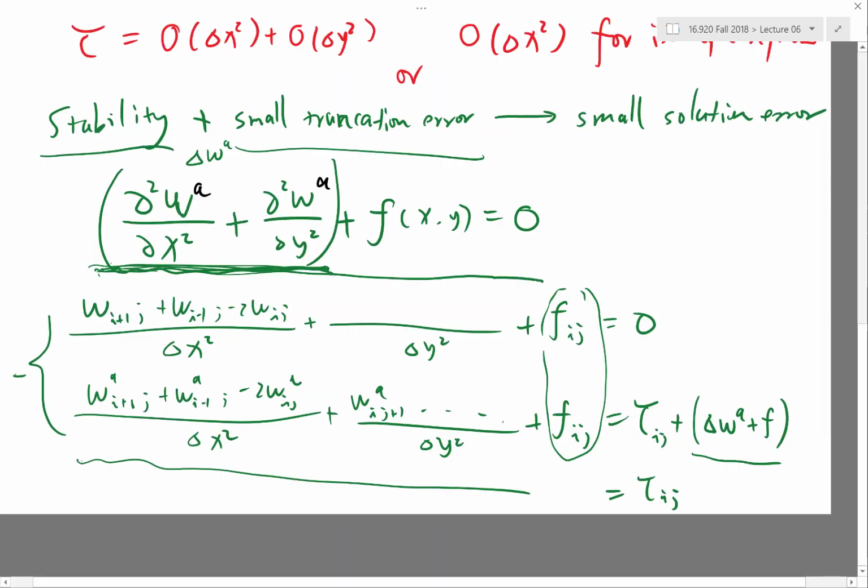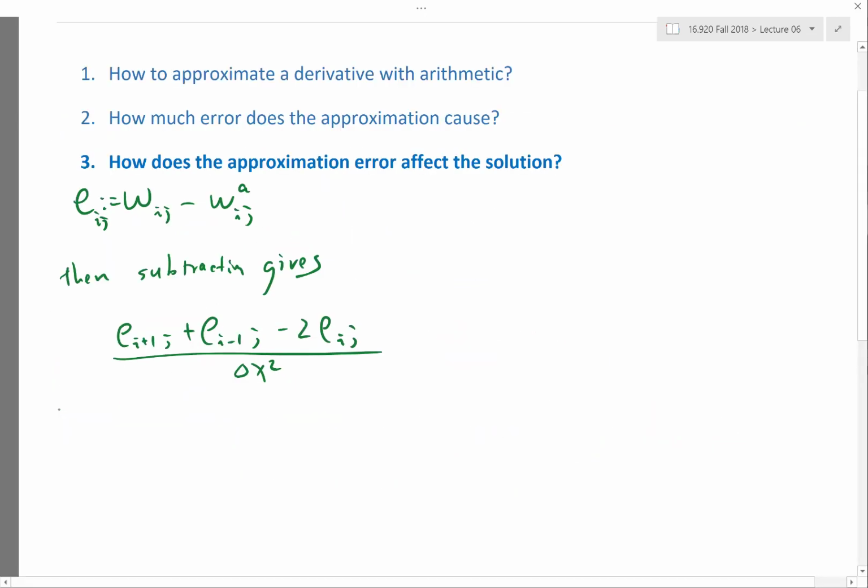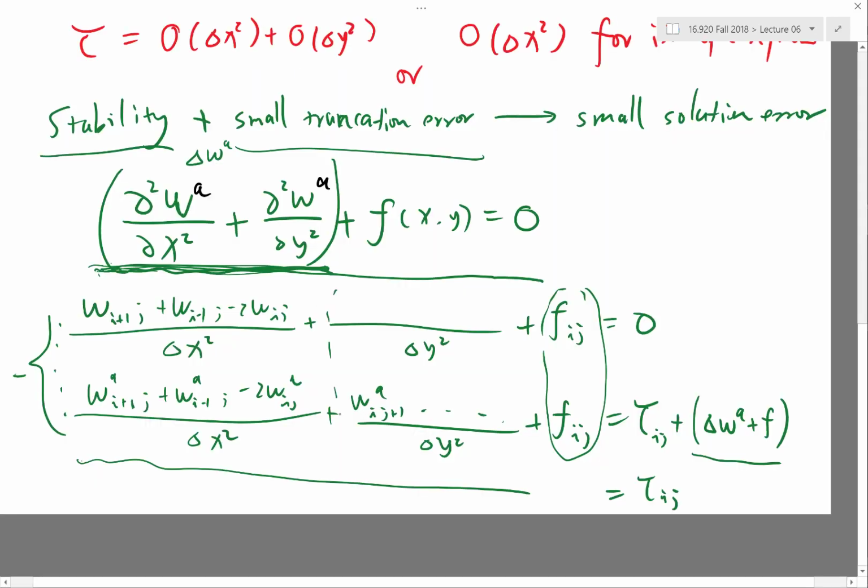That's the result of subtracting the first term between these two equations. Plus E of ij plus 1 plus E of ij minus 1 minus 2 E ij. That's the result of subtracting the second term in these equations, right?